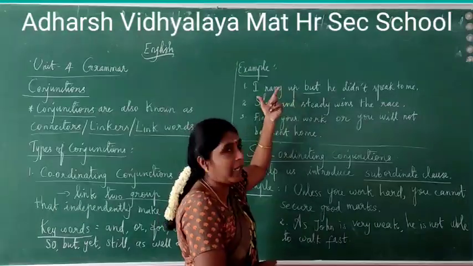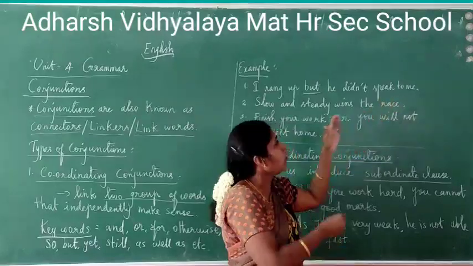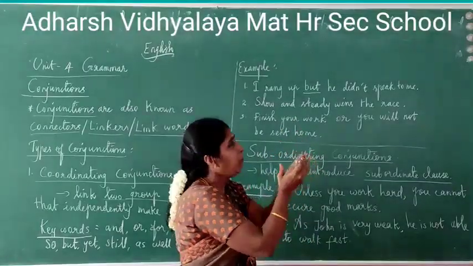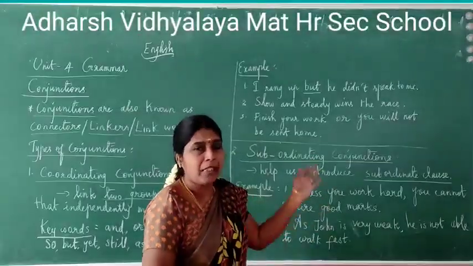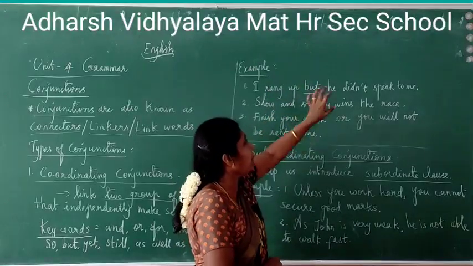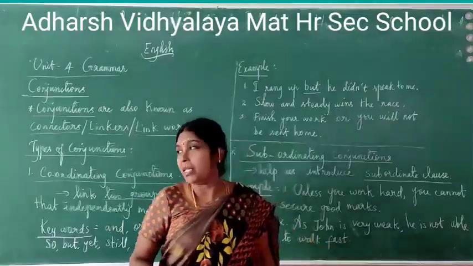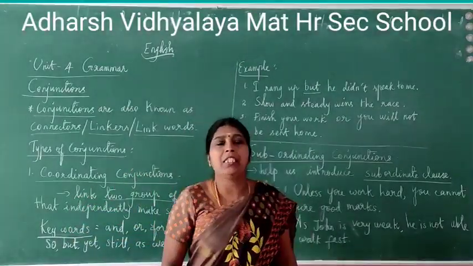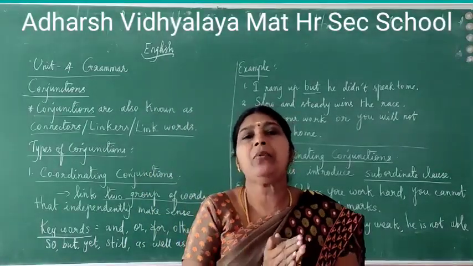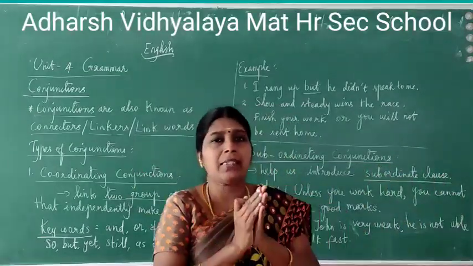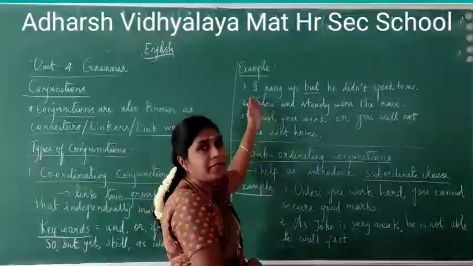Each has a separate meaning, and they have opposite meanings. So this connective word is known as a coordinating conjunction. A coordinating conjunction always comes in the center only. It joins two sentences that have separate meanings.